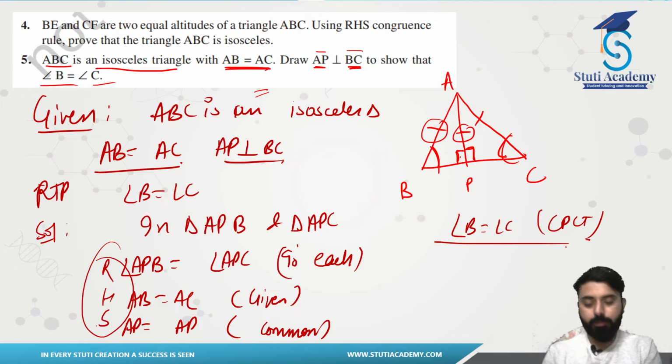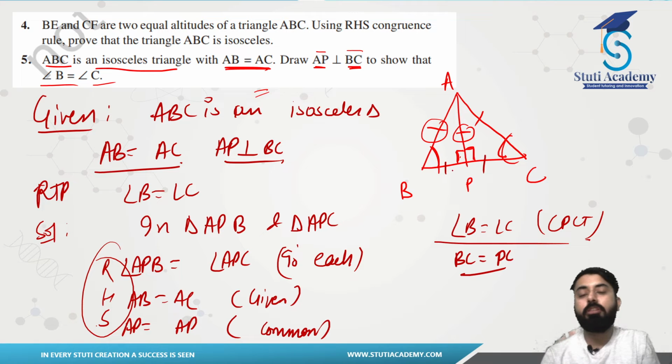So we have just proved this question. The statement is that if in an isosceles triangle you have been given a height or a perpendicular, then remember that perpendicular will actually be the perpendicular bisector too. You can simply say BP is equal to PC also. In an isosceles triangle or an equilateral triangle, height is always the median. Remember this, height is always the median.